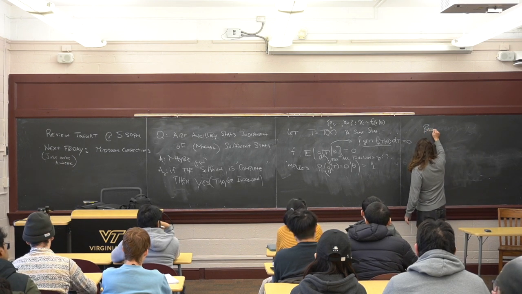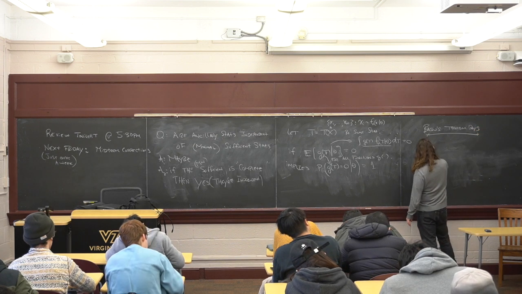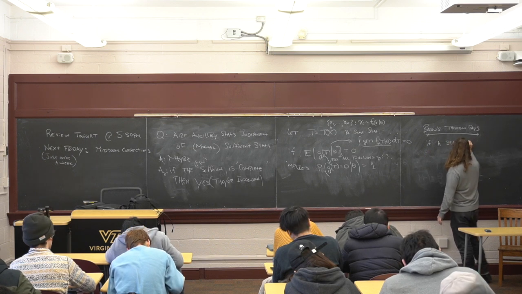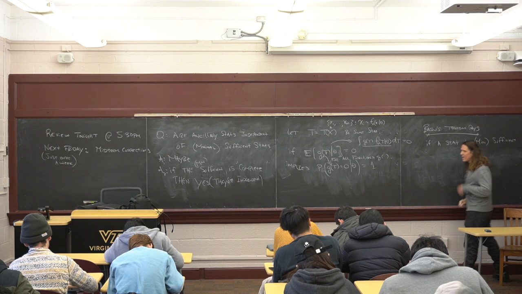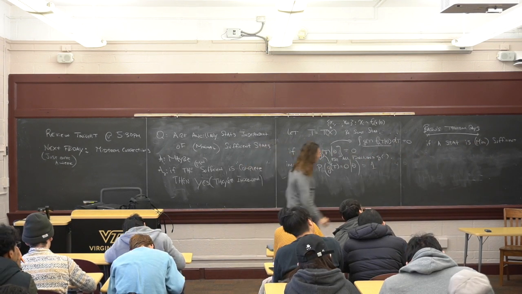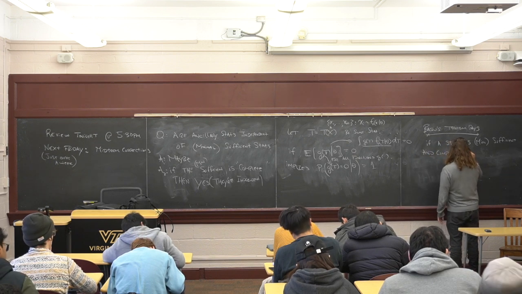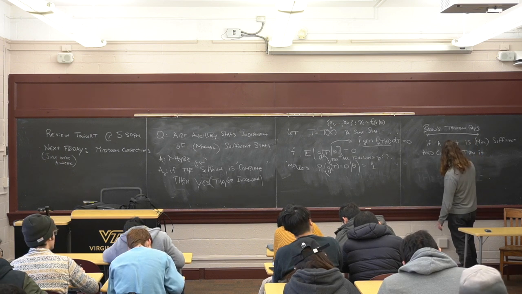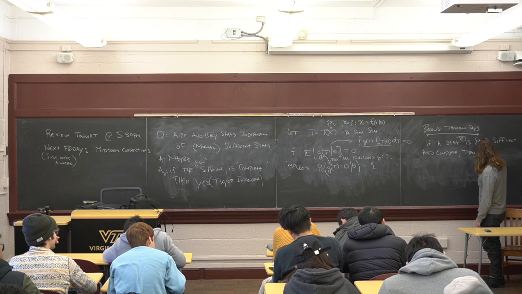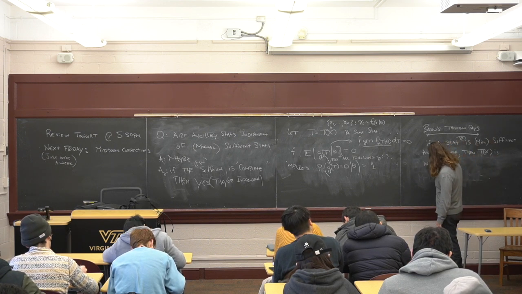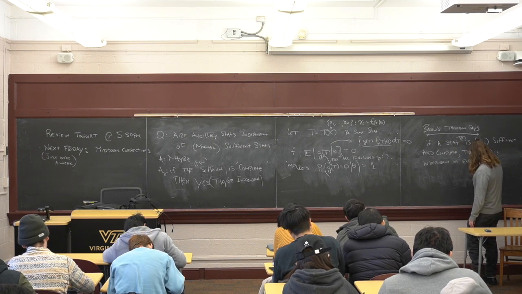So Basu's theorem says if a stat is minimal sufficient, and you don't actually need the minimality in this, it just needs to be sufficient and complete, then T(X) is independent of every ancillary stat.